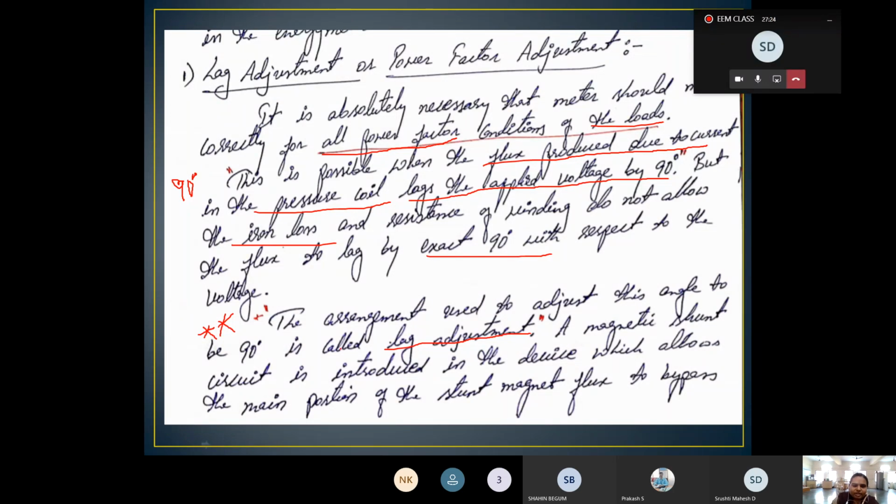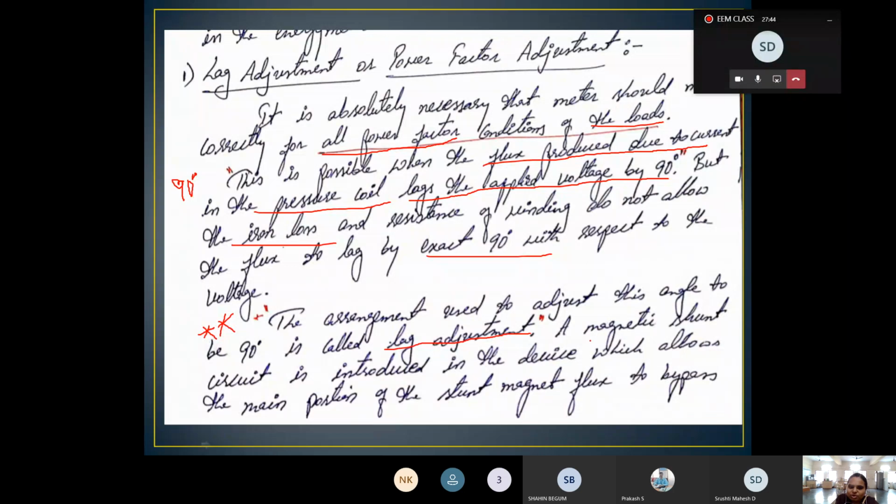Where I stopped. This is to get the difference, that is the angle between the pressure coil fluxes. It should lag by 90°. To get that, we give the name lag adjustment. Then a magnetic shunt circuit is introduced.